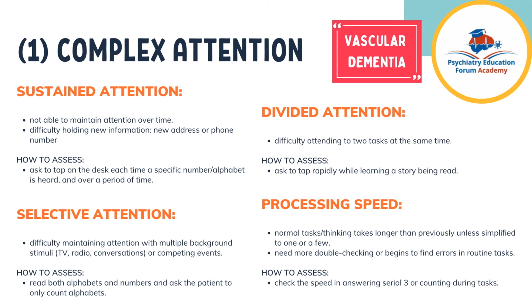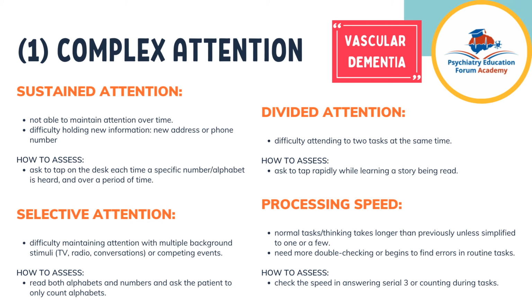But the second one, which can also clarify the diagnosis of vascular dementia, is that the evidence for decline is prominent in complex attention, including the processing speed and frontal executive function. We'll talk about the executive function domain in the next discussion. But there is a prominent decline in the complex attention neurocognitive domain in vascular dementia.